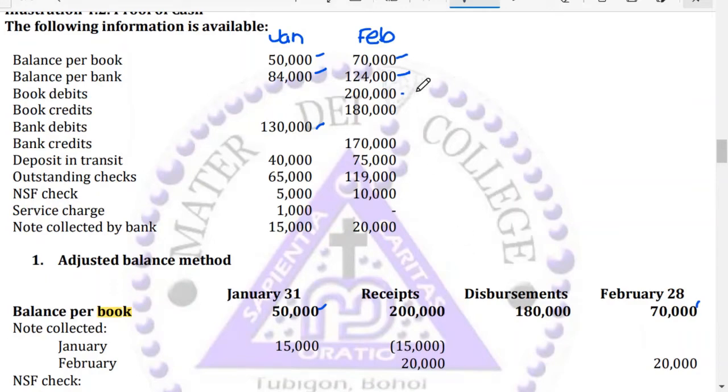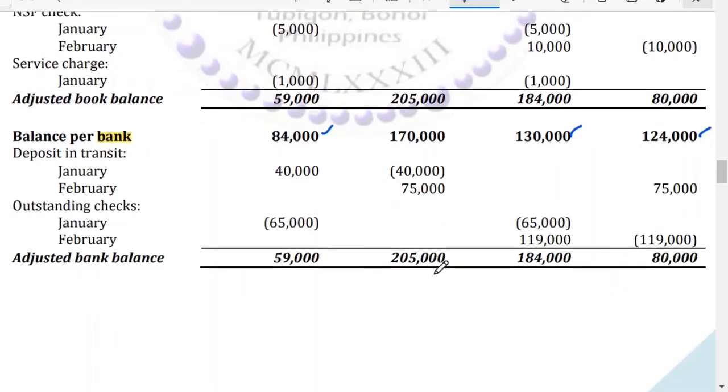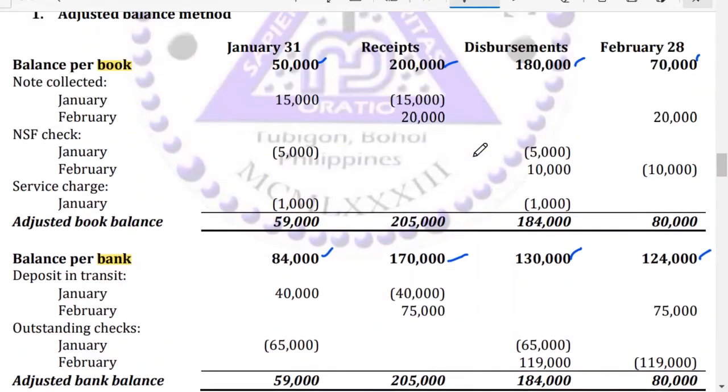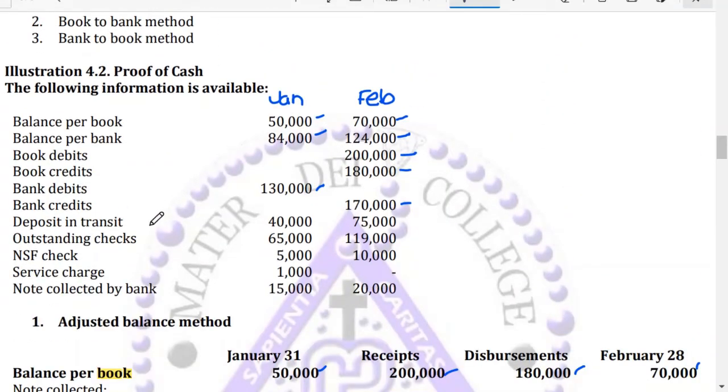So you have 200,000, 200,000. Book credits. So here, 180, 180. And you have bank credits, 170. The credit on the bank side is a deposit, a receipt. Okay?